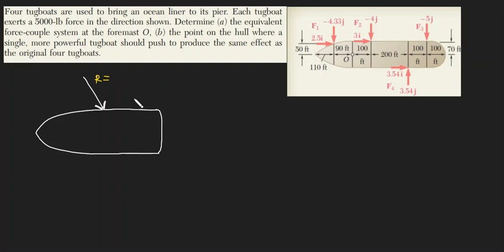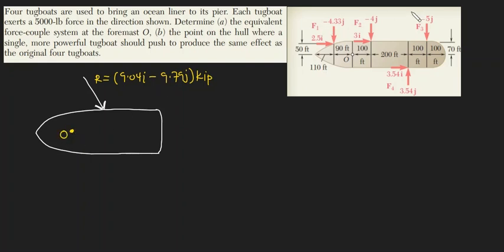That's one thing you have to know. The force that the single tugboat will exert on the ocean liner must be the same as the sum of the forces that the four tugboats exerted on it. For that value we got 9.04 i minus 9.79 j, and the unit was kip. And let's take this to be our point O.